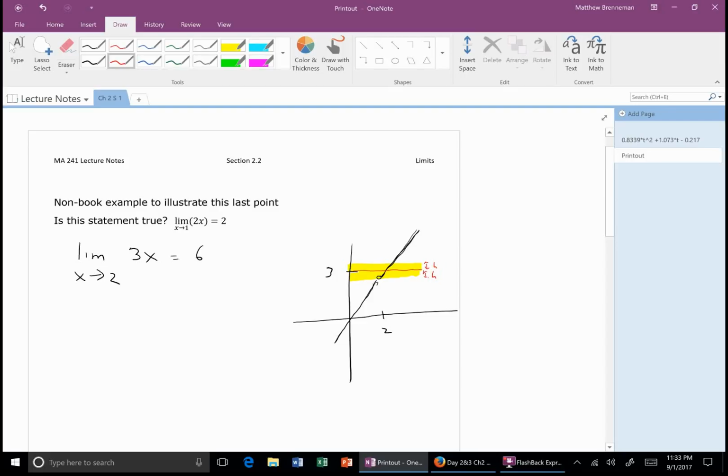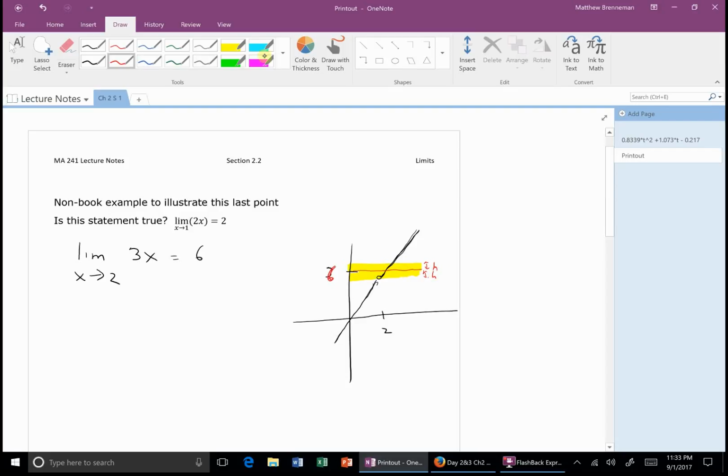It has width h. So this is a tube of width h, and you get to tell me how small you want that h to be. You say, okay, you're really converging to 6. Whoops, this should be 6. You're really converging to 6. Then the y-coordinates for both of these cars should be able to get within small h of 6.